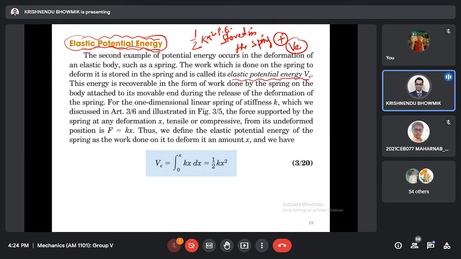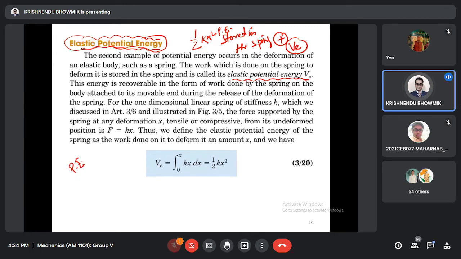What is stored in the spring is positive. But what about the work done? We said that time it was negative. Although both expressions are half kx square, one is positive. Why? I'll tell you.